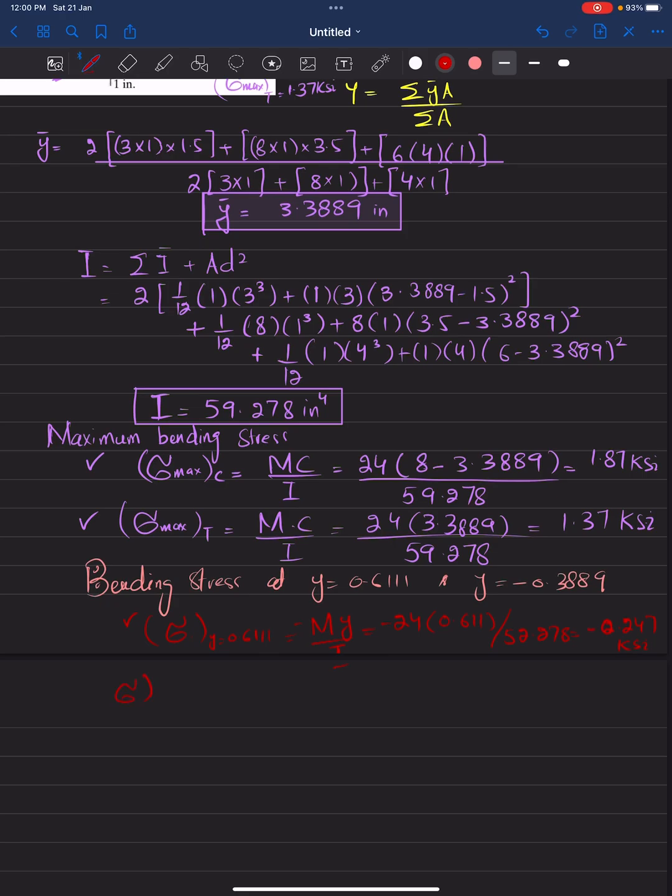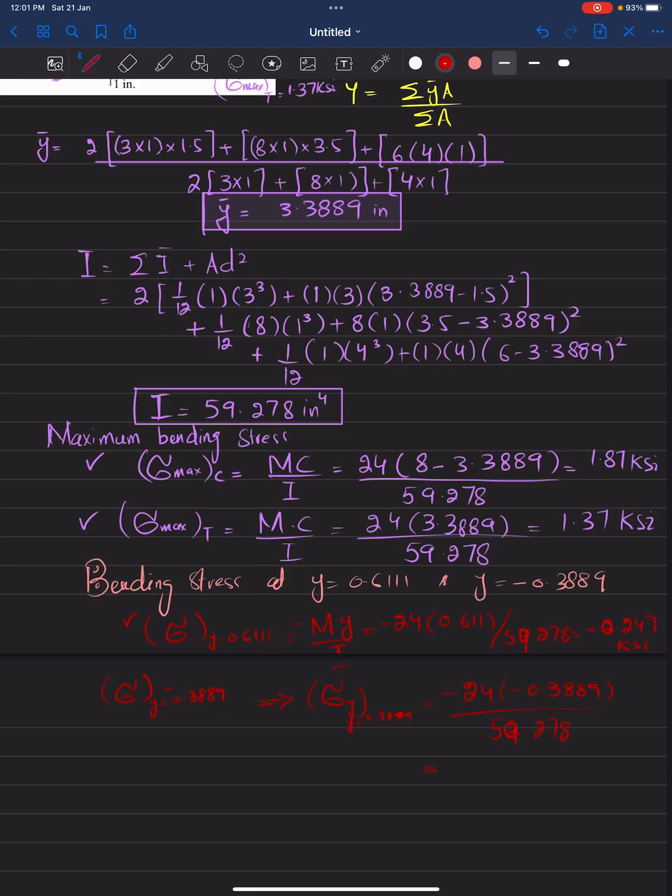Similarly, sigma at y equal to minus 0.3889 is equal to 24 into minus 0.3889 divided by 59.278.